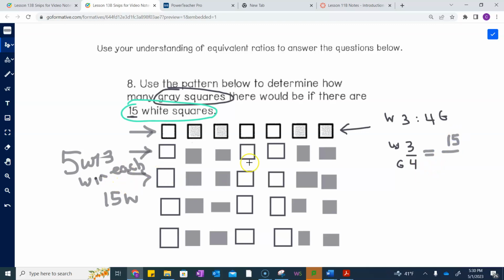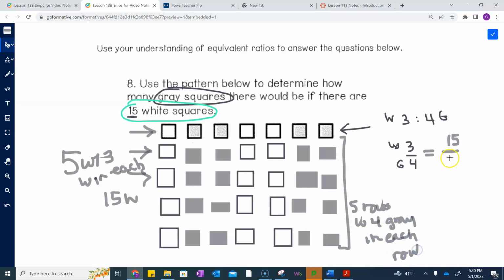And I do. It took 5 rows to get there. Now, I have 5 rows with 4 gray squares in each row, following the same pattern. That gives me 20. So I end up with 20 gray squares.